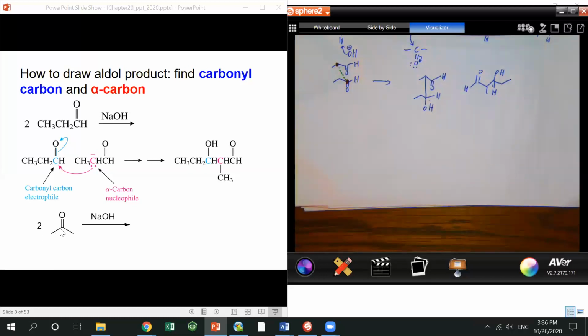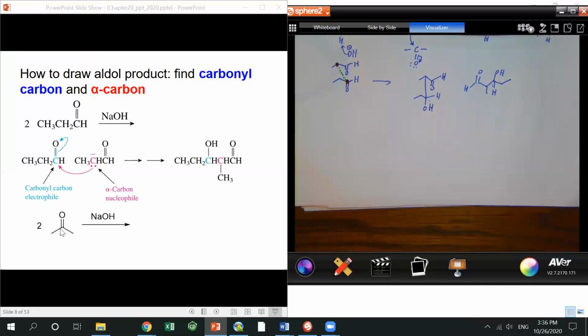Aldol reaction can happen between two aldehydes or two ketones, the same molecule reacting with itself. Normally the Aldol reaction happens with two aldehydes because aldehydes have less hindrance, so they are preferred. Occasionally it also happens with two ketones.